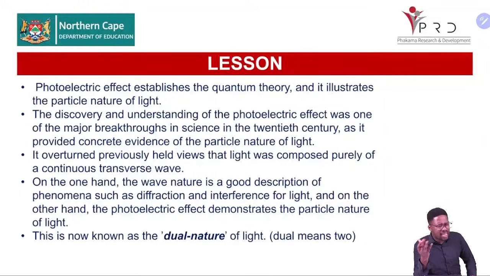We've seen great scientists who proved that light is a wave. For instance, when we look at the work of Huygens, who came with Huygens' principle, where he said that if you put two apertures and then you shine, the light will travel.